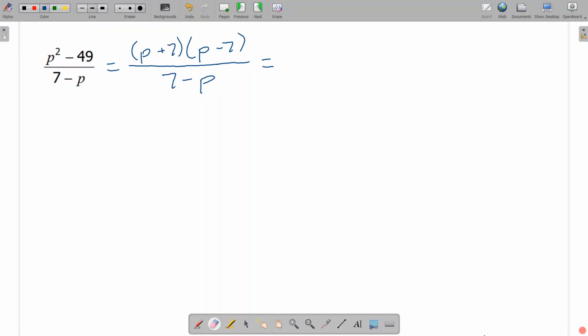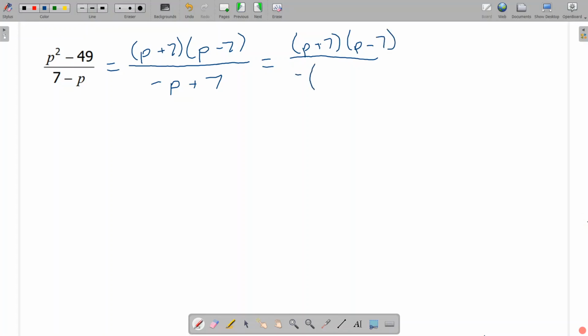Actually, I'm just going to erase this here. If I have 7 minus p, that would be the same as writing it as negative p plus 7. And what that allows me to do now is look at my GCF in the denominator, which is a negative 1.